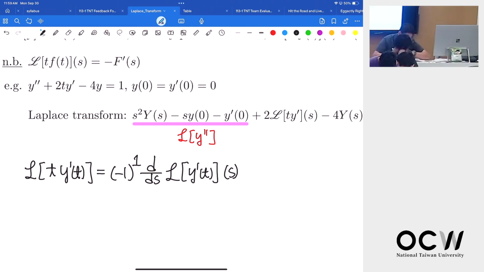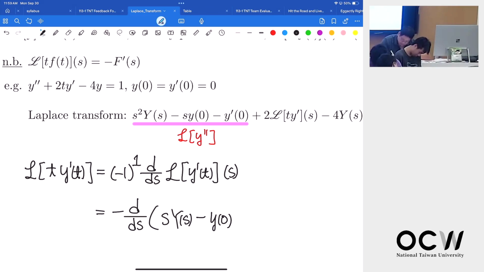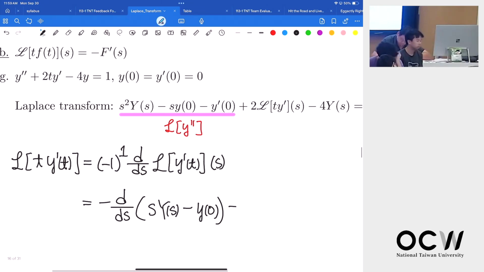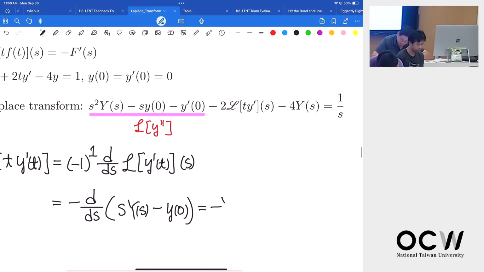This is minus d over ds. What is y prime? The Laplace transform of y prime is s y of s minus y of 0. So that is minus y of s minus s y prime of s.